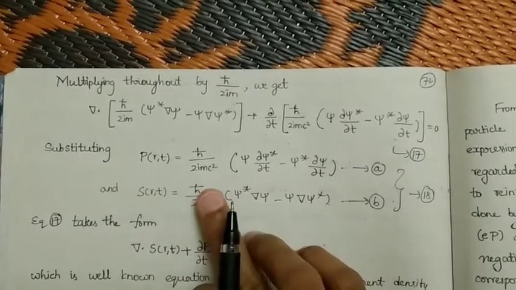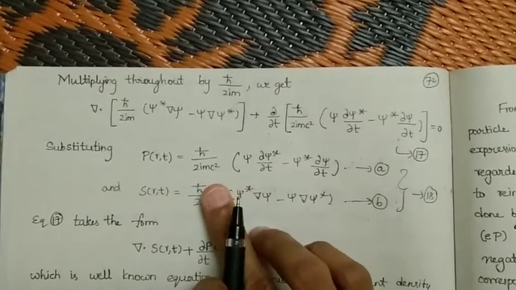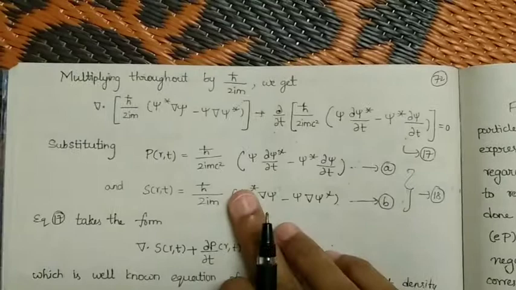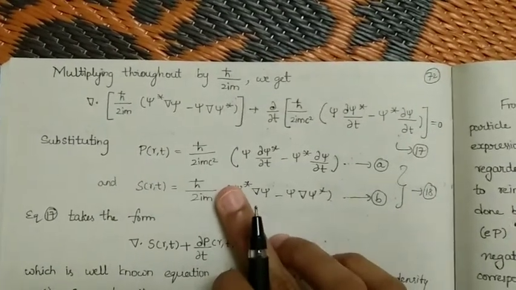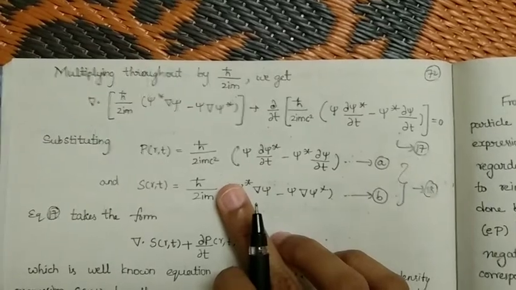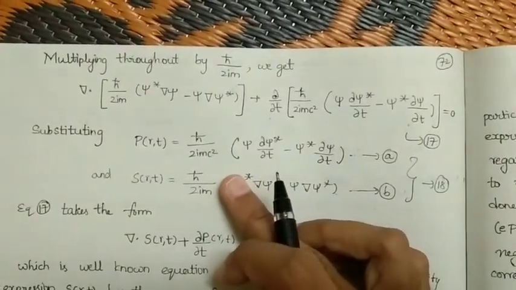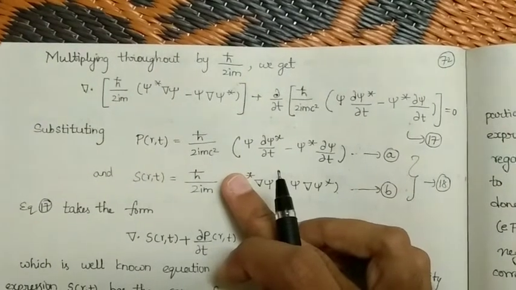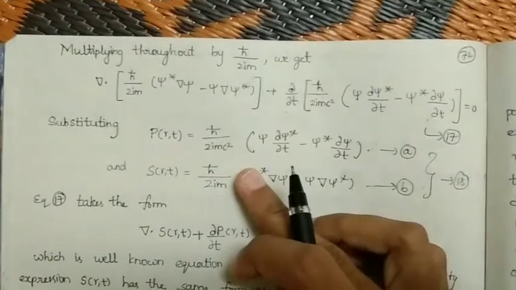So h nu equals mc square, which means h by m is nothing but c square by nu. c square has the dimensions of length square by time square, and frequency nu is 1 by t, so what we finally get is length square by time.